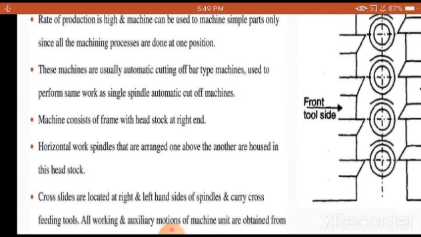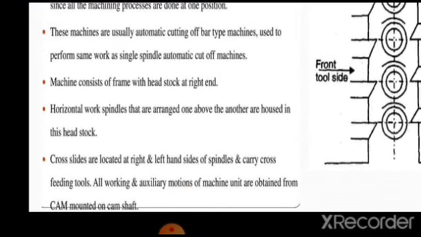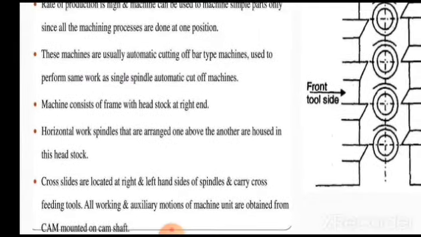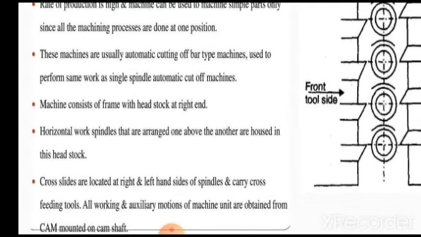Cross slides are located at the right and left hand sides of the spindles and carry cross feeding tools. All working and auxiliary motions of the machine unit are obtained from cams mounted on a shaft. That is what you are going to see very clearly.